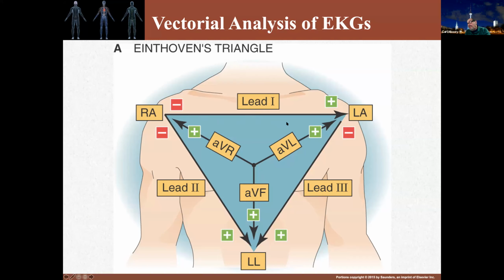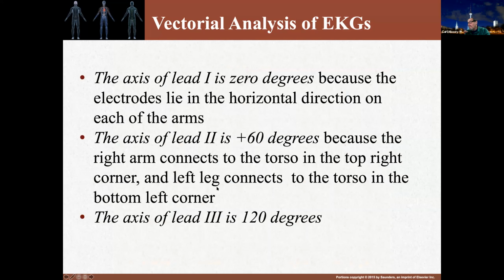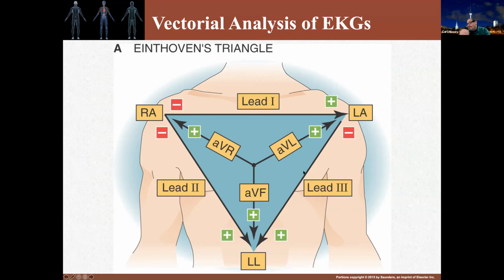So if you take this as your 180 to 0 line here, this angle from lead 1 to lead 2 is positive 60 degrees. And then lead 3 is another 60 degrees, or positive 120. So if you extend this out here, this angle that I'm drawing here is plus 120.